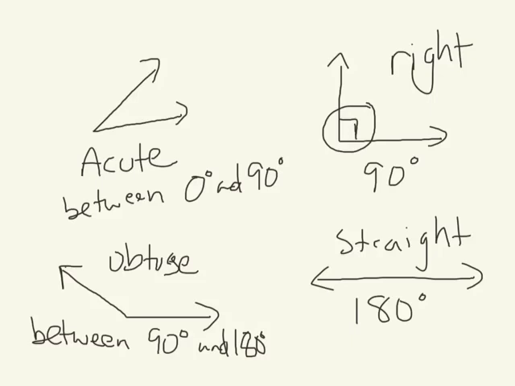It's nice and cute and tiny, and that's, like I said, between 0 and 90 degrees. A right angle is also called a 90-degree angle, and you're going to notice that by the box we have. An obtuse angle is the largest angle, and that's between 90 degrees and 180 degrees. And finally, a straight angle, or straight line, is 180 degrees. Excellent.